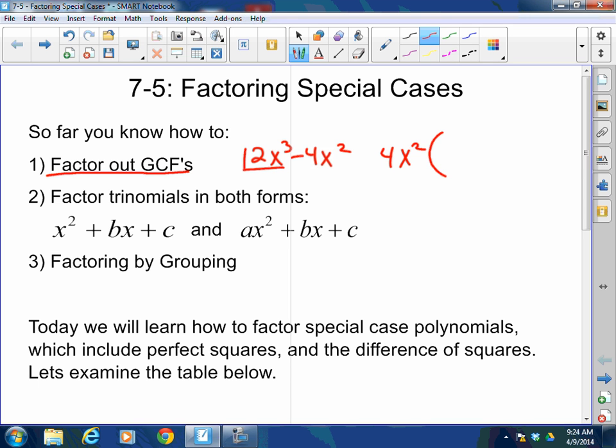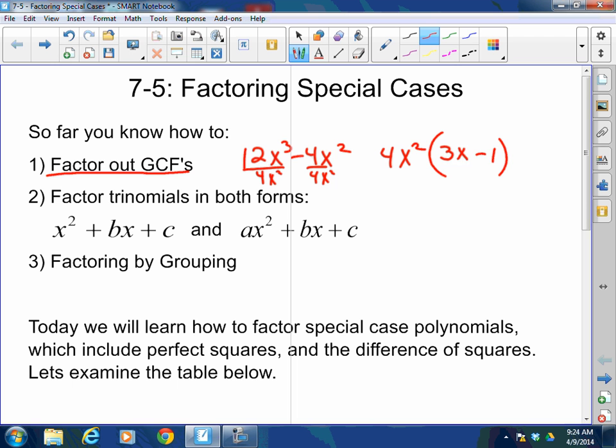I'm going to divide every single term by 4x squared, and I'm going to have the leftovers inside of the parentheses, so this would be 3x minus 1. That's factoring by using the GCF, the greatest common factor.